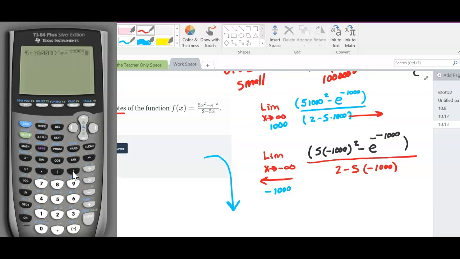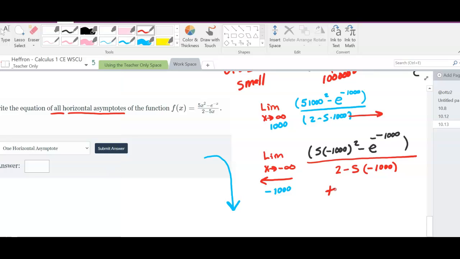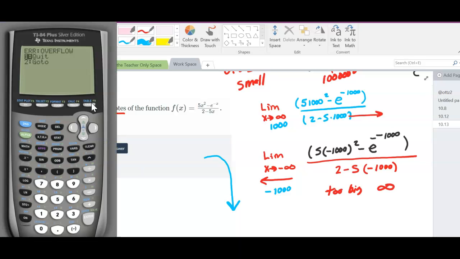I will close that parentheses, and I'm going to divide it by 2 minus 5 parentheses negative 1000. Make sure I have a set of parentheses for that one, so I need one more. It equals overflow. What that means is this is too big. That's infinity, but let's just go back so that you can have confidence.